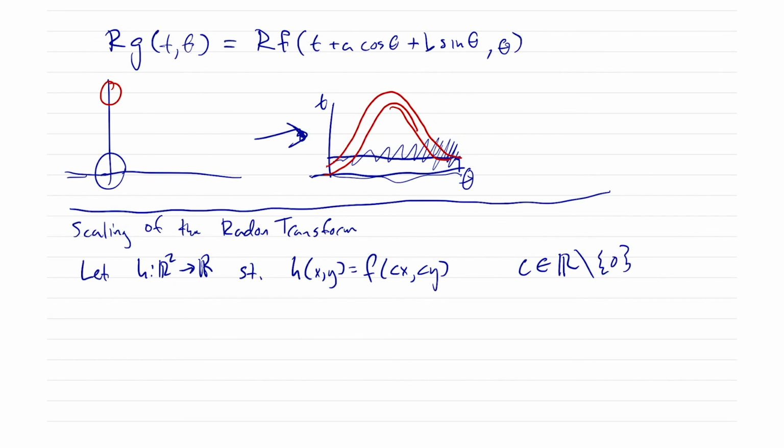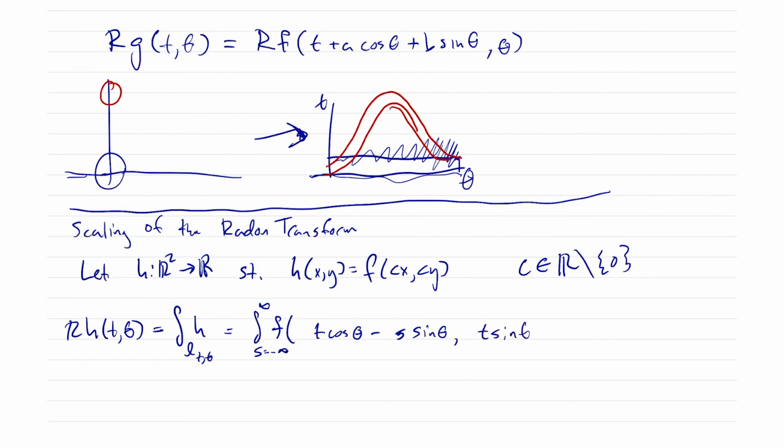Okay, so if we take a look at R of h at t, theta, this might make the most sense if we look at L of t, theta of h, and we can write that as the integral from s equals minus infinity to positive infinity of f of t cosine of theta minus s sine of theta, comma, t sine of theta plus s cosine of theta, ds.